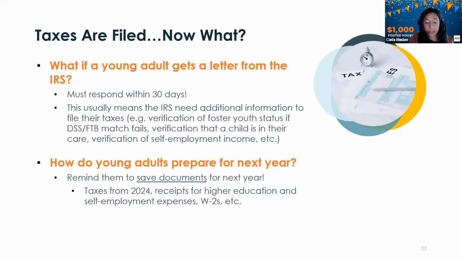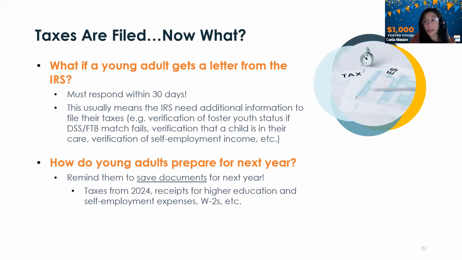And the reasons why foster youth could receive a letter from the IRS particularly is because they need verification that their children were in their care during that tax year, or more information is needed because of self-employment, especially if they were paid in cash.